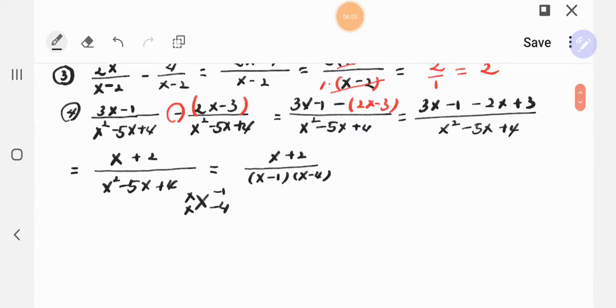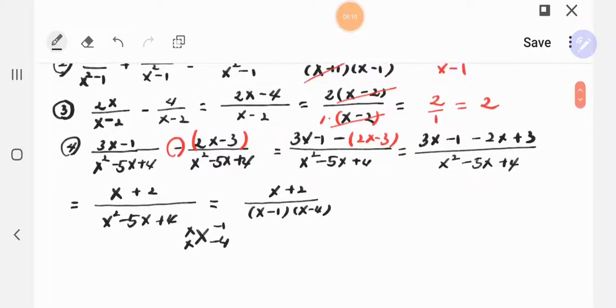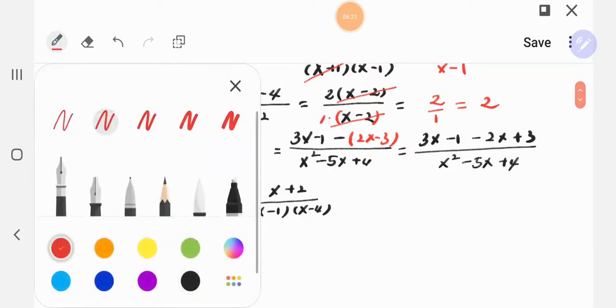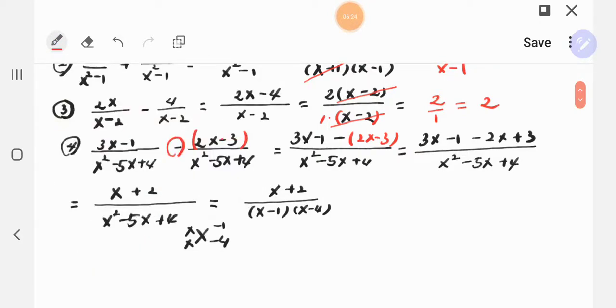Is something wrong? Let me check. I copied the question incorrectly. The binomial 2x minus 3 should be 2x plus 3. Let's change the question, so this will be plus 3.